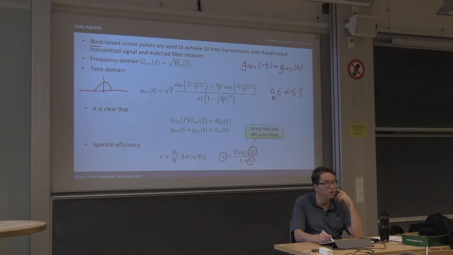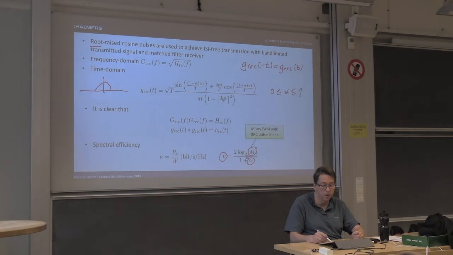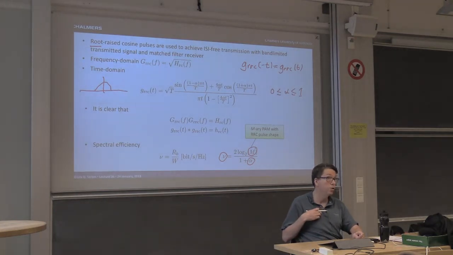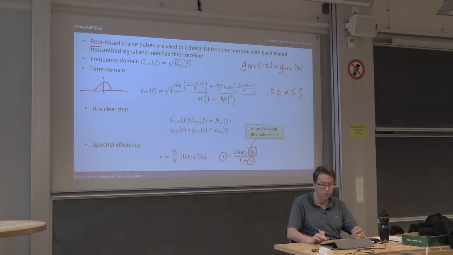For implementation reasons, we want to have alpha a little bit higher than 0, maybe 0.2 or something like that, or it could be even higher if we want to have a simpler implementation. But then also we can increase the spectral efficiency by changing M. And we will see later on that that actually requires more transmit power.